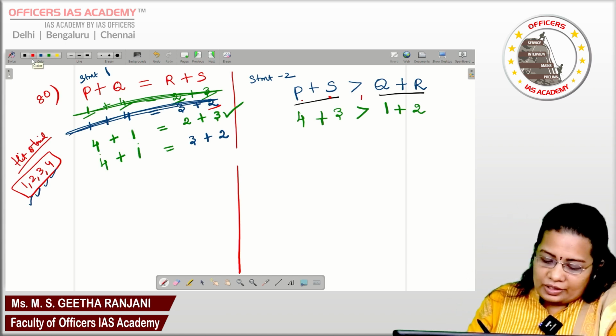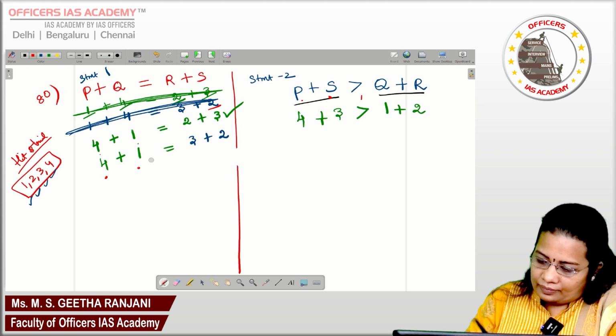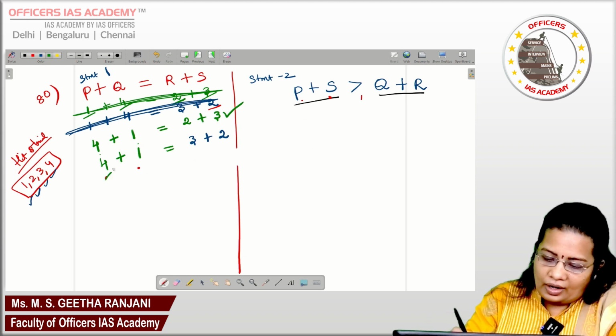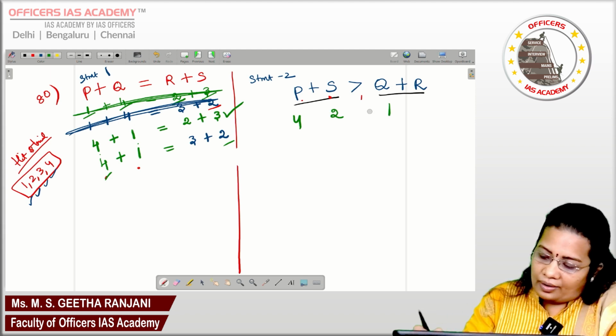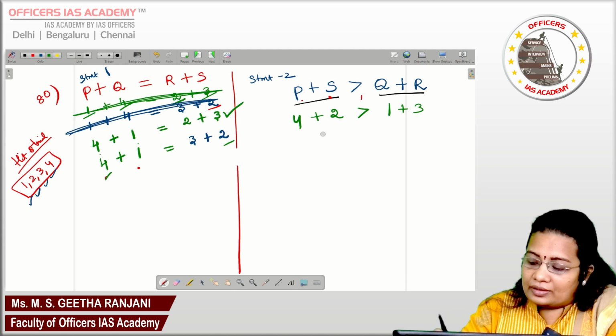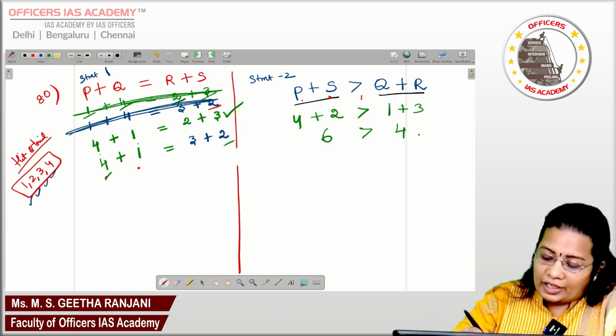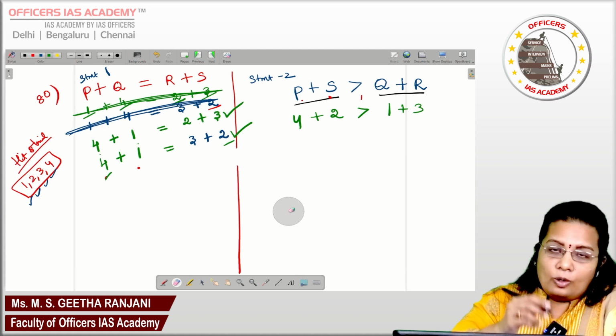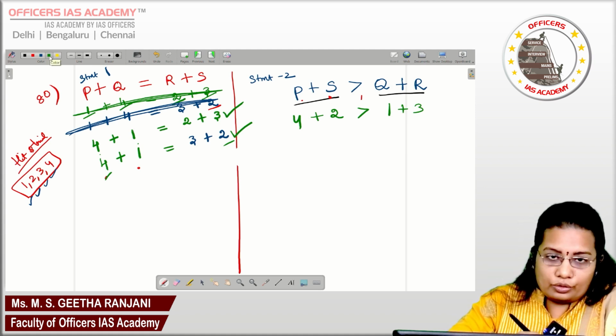Okay, now let's check the next possibility. P is 4, S is 2 and Q is 1, R is 3. So the pattern is yes, exactly, 6 is greater than 4. These two cases satisfy both the statements. Now, what is our work to do?